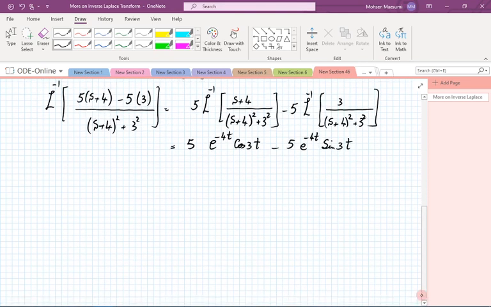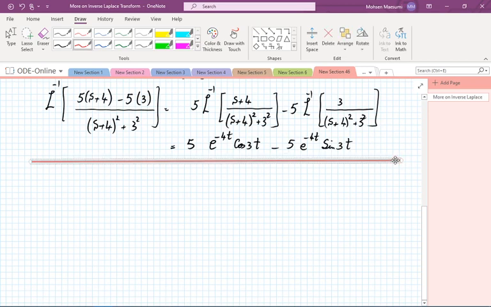Let's do another example, this time a little bit simpler, and let's see if you can figure out the answer in a few seconds. Suppose I want the inverse Laplace transform of 7s plus 7 over s squared plus 2s plus 82.